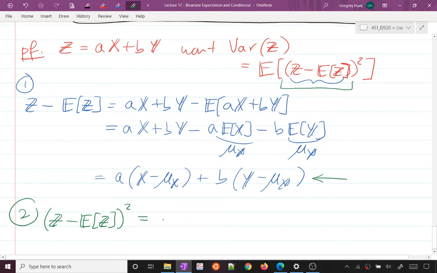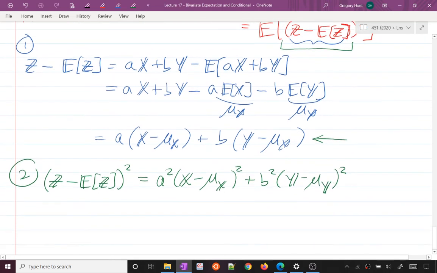And we know how to square the sum of two things. It's the sum of the first thing, which is a squared times x minus mu x squared, plus b squared times y minus mu y squared. And then we have cross terms. We have 2ab times x minus mu x times y minus mu y.